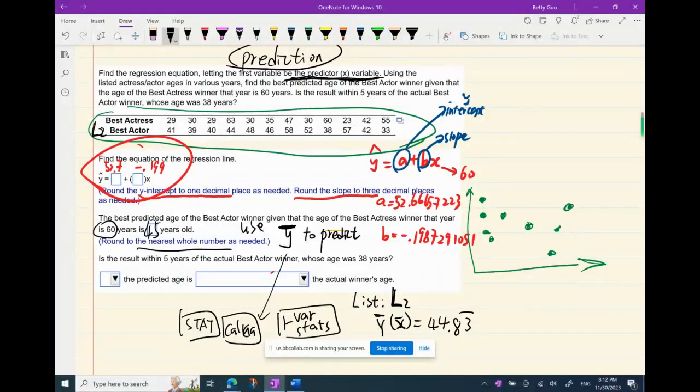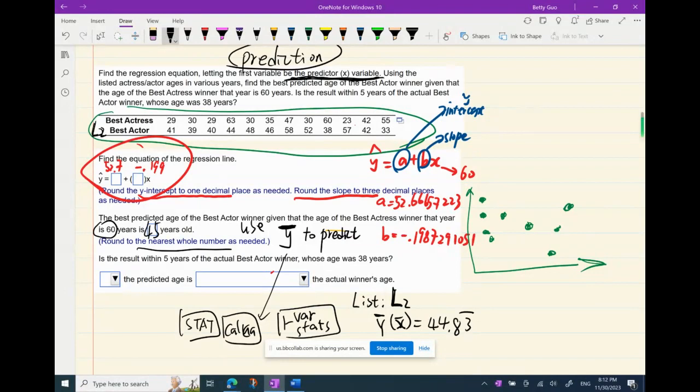You always predict Y, unless the question reverses the two data sets. Otherwise, always predict for the Y value. Does that answer your question? Yes, that makes sense. Thank you.